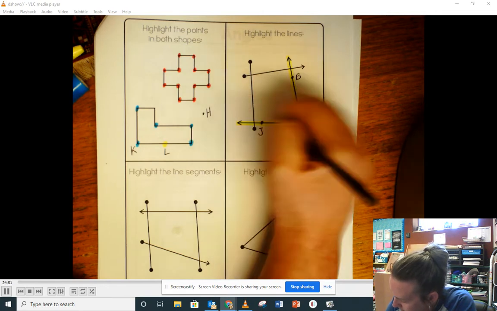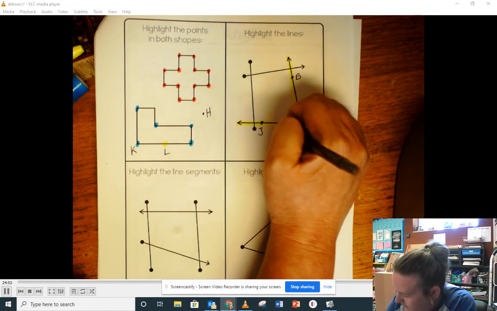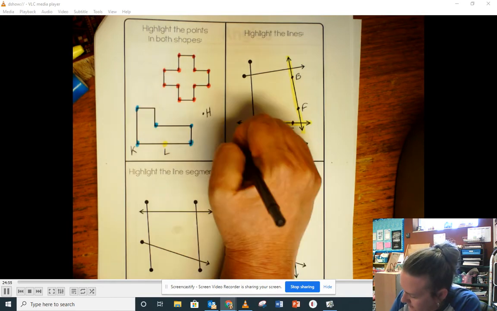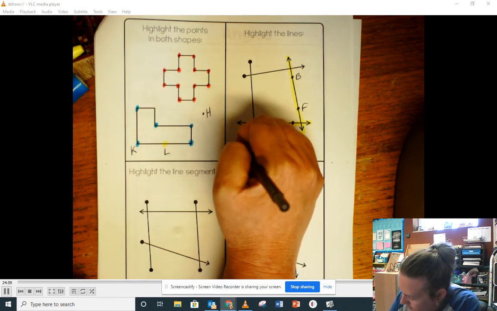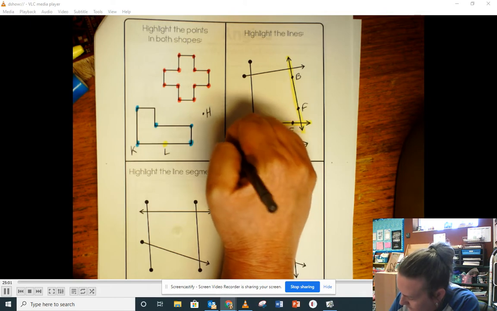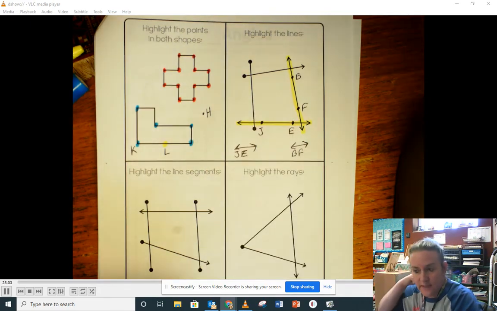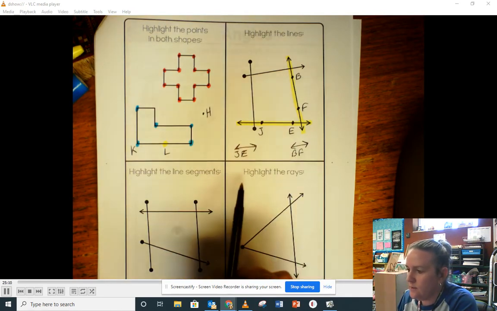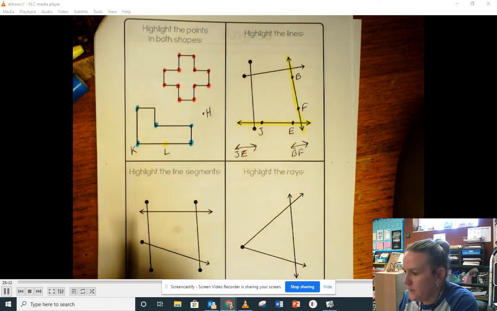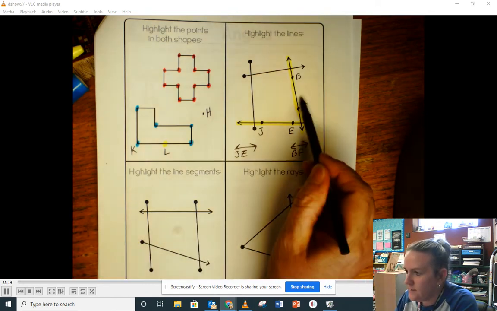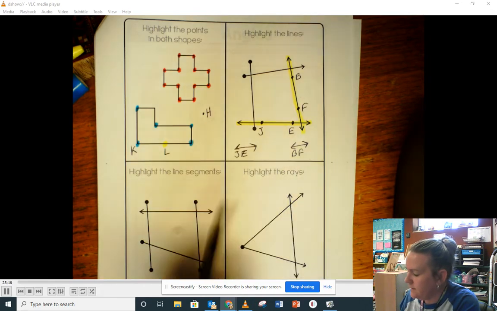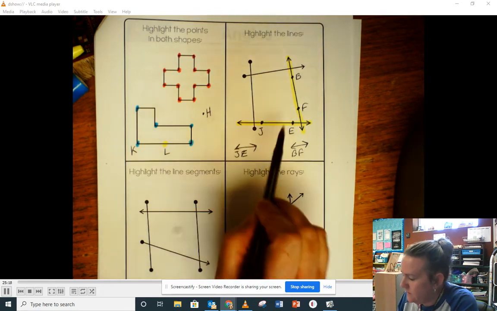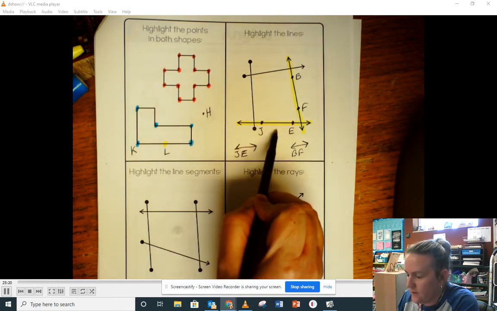J and E. So this line can be J, E. So that makes it so that if you're trying to talk to someone about this picture, now I can tell the lines apart. If I say, look at line BF, you know that I mean this line. If I say, let's talk about line JE, I know that I'm talking about this line.